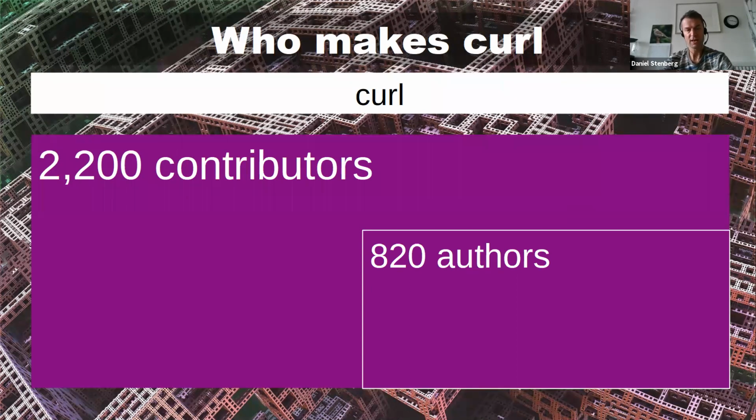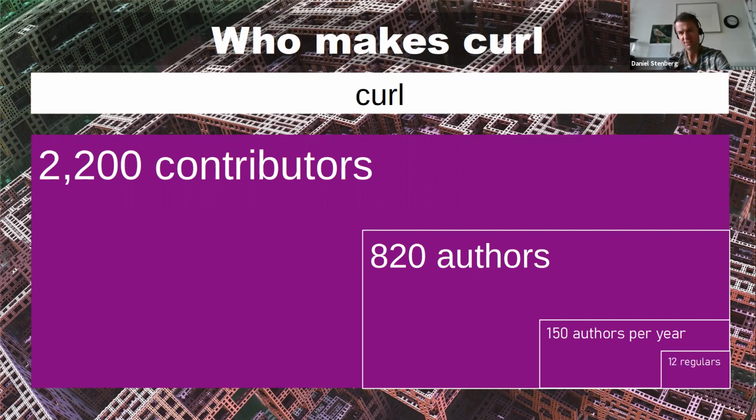Out of those, 820 persons have written code that has been merged into cURL. And roughly 150 of them are doing it every year. So basically we have 150 unique authors per year in the cURL project. And out of the 150, roughly 10, 12 do more than perhaps 10 commits per year.